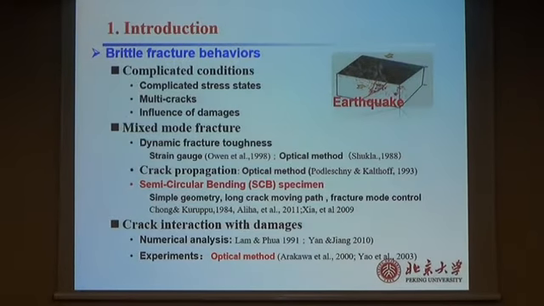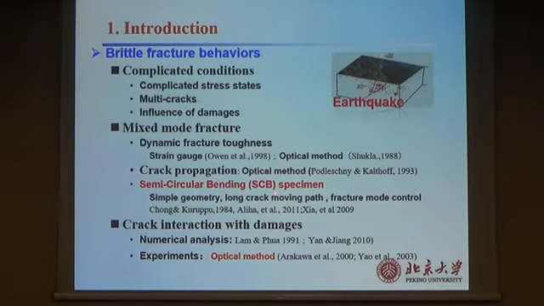So firstly, if we consider mixed mode fracture, there is already some published work about the dynamic fracture toughness, using the strain gauge and the optical method to measure. And if we talk about crack propagation, normally we have to use the optical experimental method to study this problem.